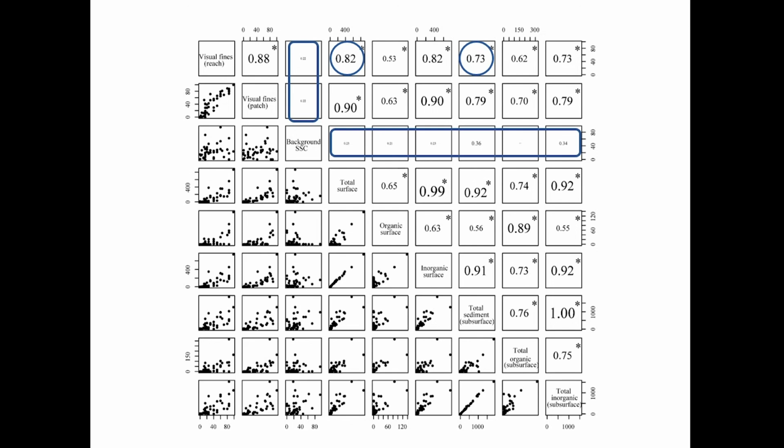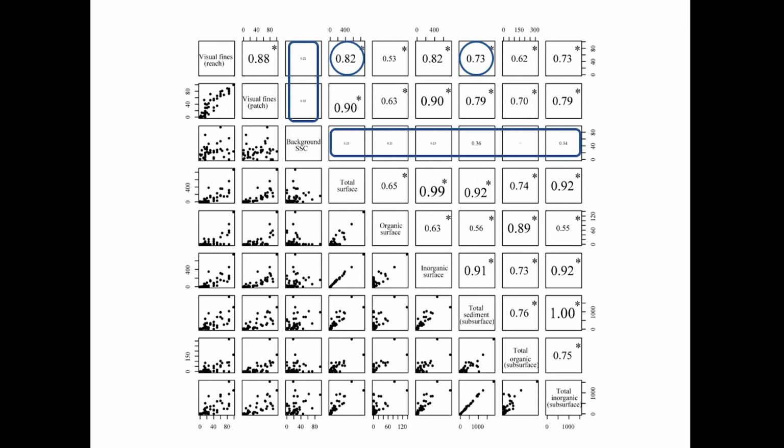And then another criticism of visual estimates is that it only assesses the surface sediment, and this could be unrelated to the fine sediment that's embedded within the top layers of the gravel. However, although the correlation coefficient was lower, this was also quite strong and still significant.